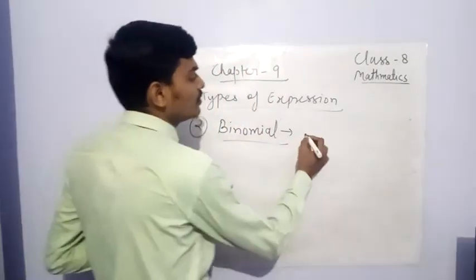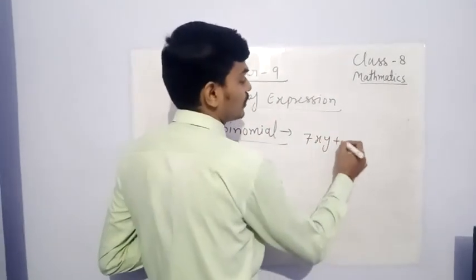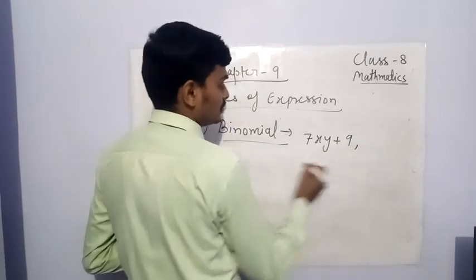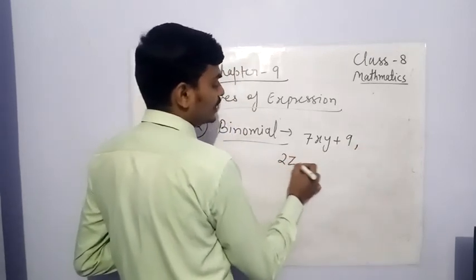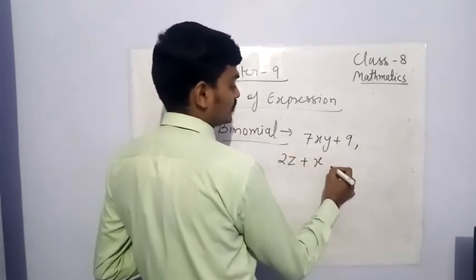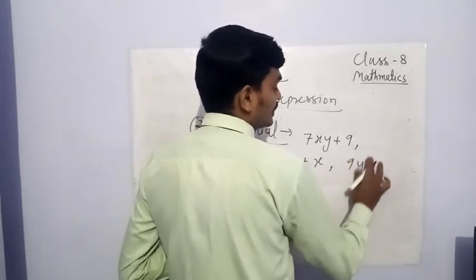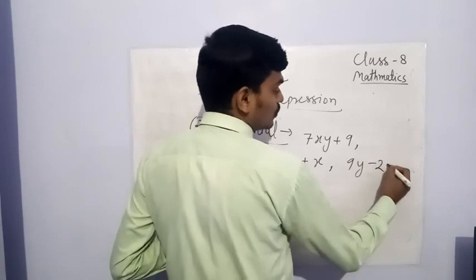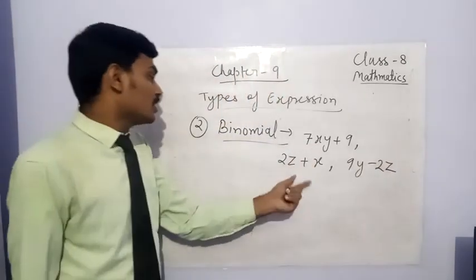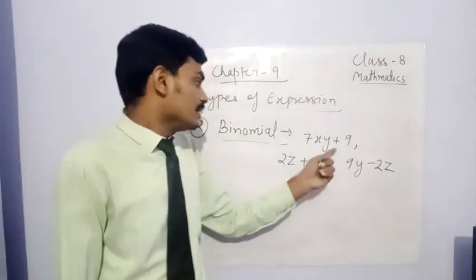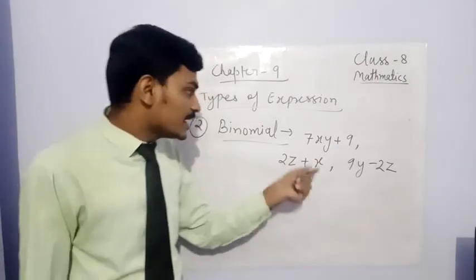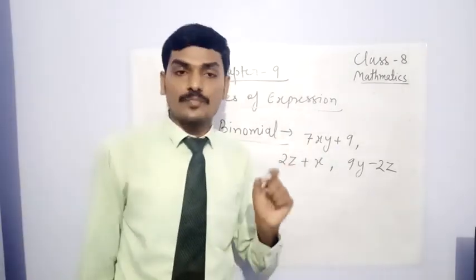For example, 7xy plus 9, 2z plus x, 9y minus 2z. These all are binomials because in all cases there are two terms present.